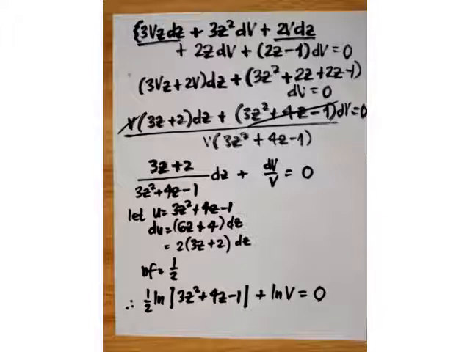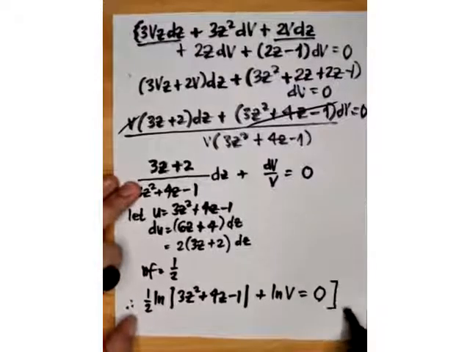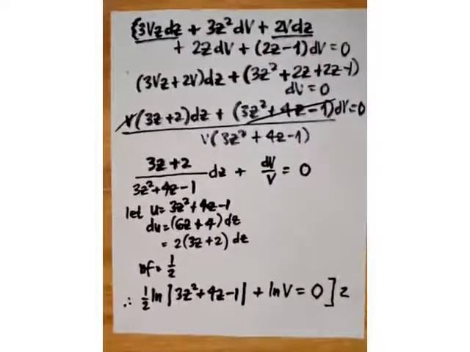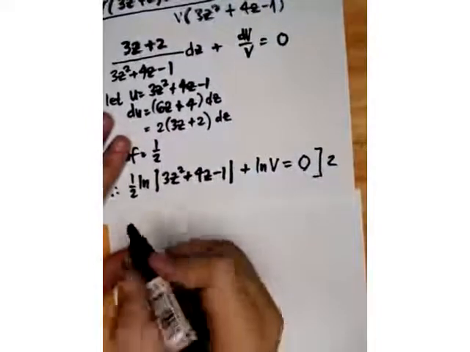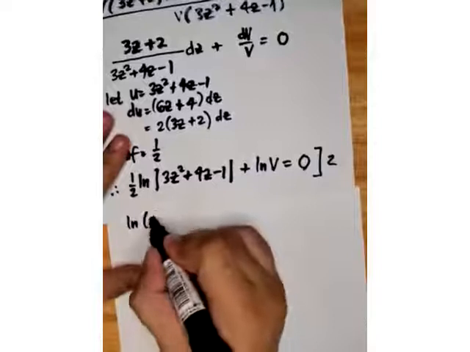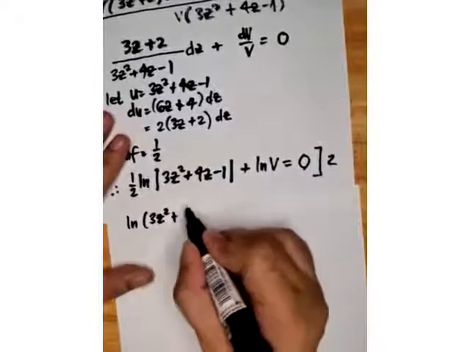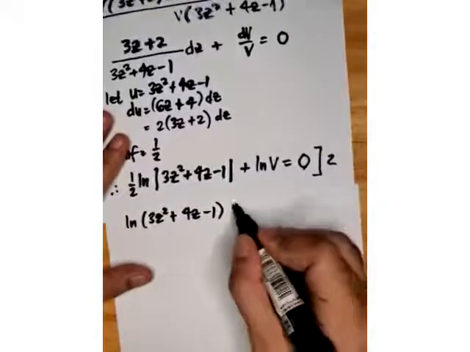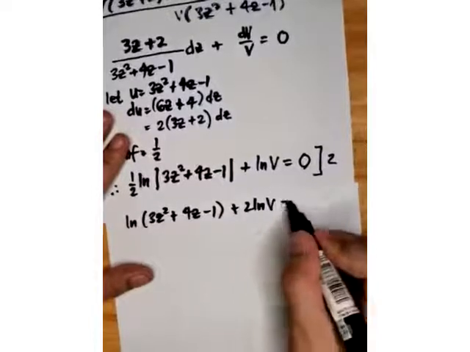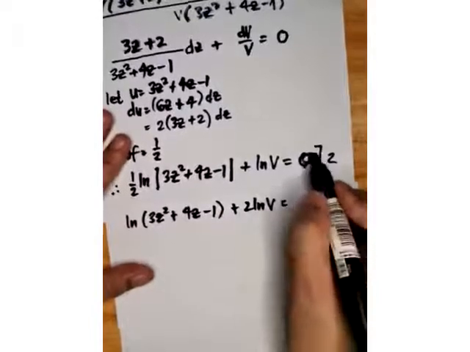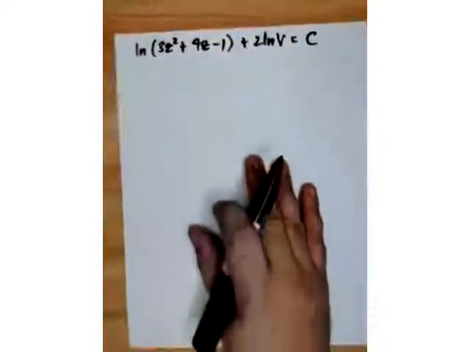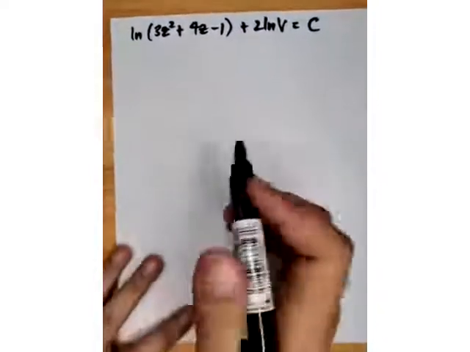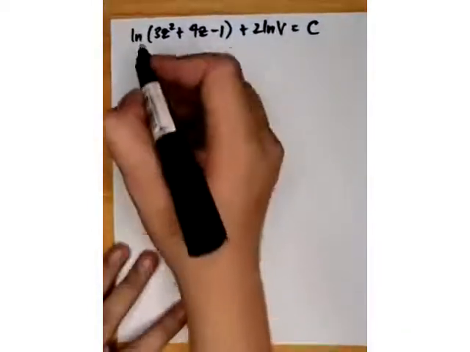Okay, so let's simplify. So let's multiply the whole equation by 2. So we will have ln of 3z squared plus 4z minus 1 plus 2 ln of v is equal to c. Okay, so since pareho silang ln, so let's simplify them using the property.